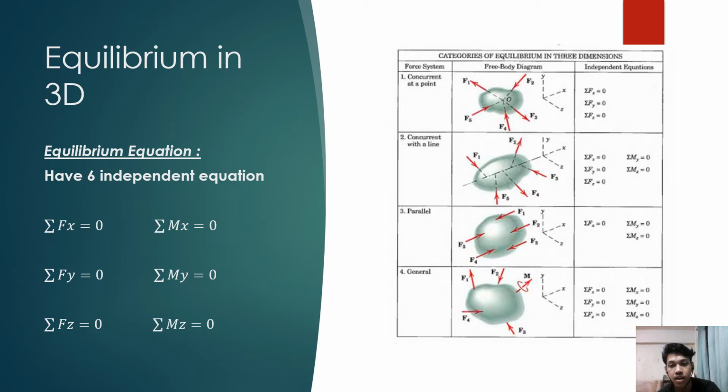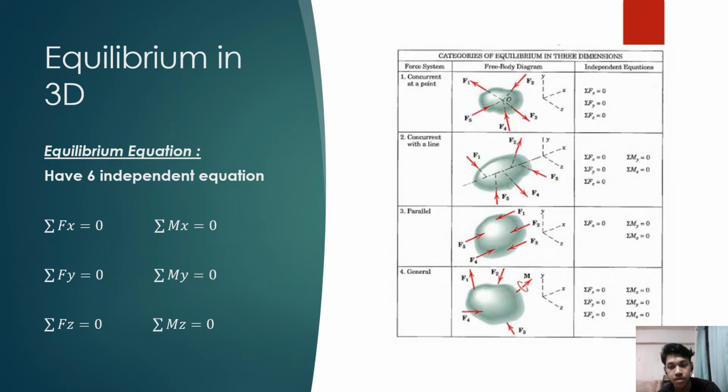Meanwhile, for parallel, we have 3 independent equations: Fx equal to 0, and the two others are the moment in the y direction equal to 0, and the moment in the z direction equal to 0.